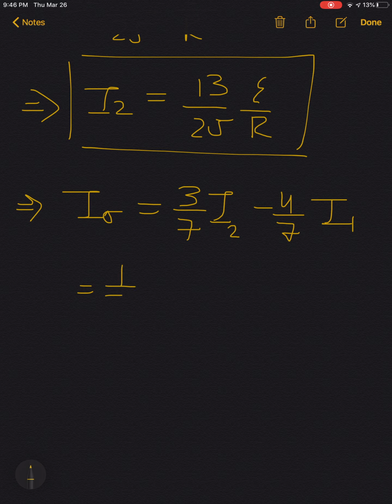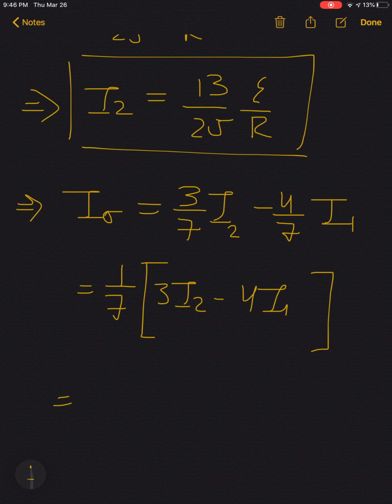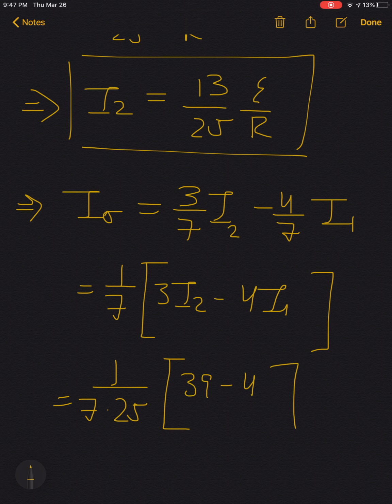So there's a common factor of 1/7 there. Let's open some parentheses. This is 3I2 minus 4I1. This is 1. And then I2 and I1 both have a factor of 1/25. So this is 1/7 times 25. That's going to end up happening when you just plug those numbers in. And then the leftover factors are 39 minus 4 times E/R.